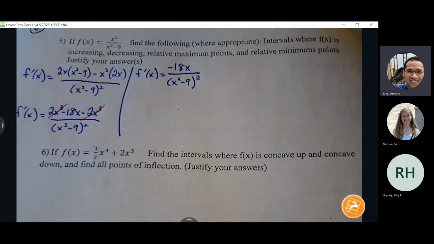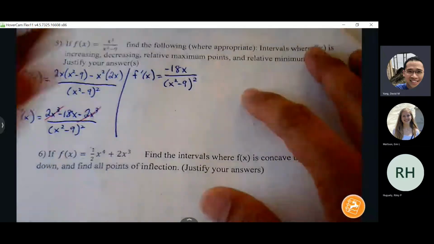Okay, we set the numerator equal to 0, denominator equal to 0. Those are where we find our critical values.